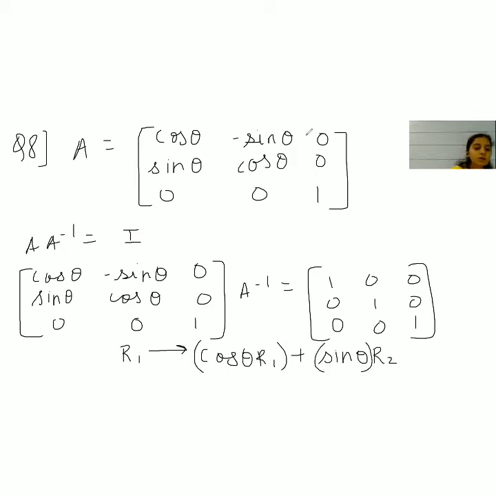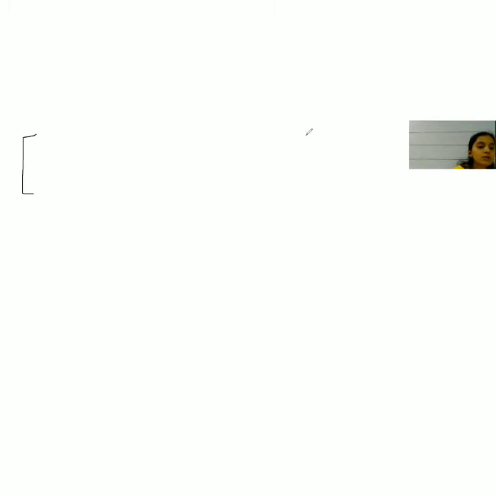What are we doing over here? Cos theta R1, so that will be cos square theta, plus sin theta into sin theta, so sin square theta. That means when I add R1 and R2 after multiplying them by cos and sin respectively, the first term is turning into 1 using the identity. Okay, so let us perform this transformation. Cos square theta plus sin square theta is 1.